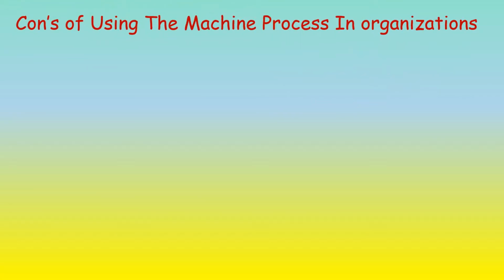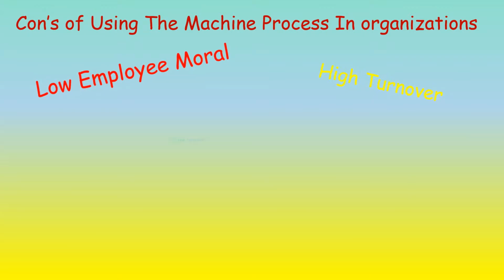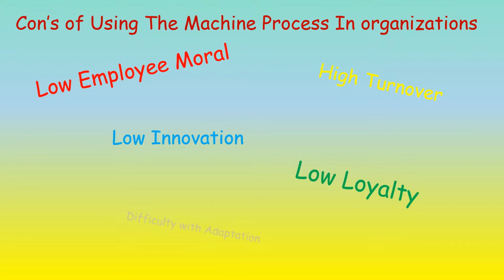There are cons of using the machine process in your organization. Number 1, low employee morale, high turnover, low innovation, low loyalty, and difficulty with adaptation. Embry is cited.